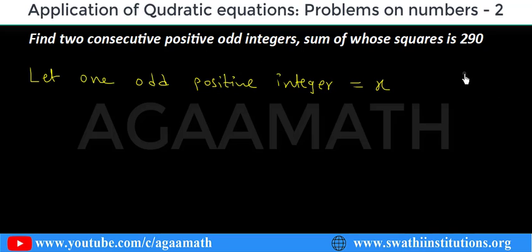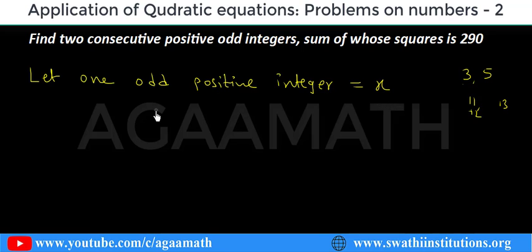We know the odd numbers, like if I take 3, the next consecutive odd integer is 5. So if you add 2, you get 5. Or if I take any odd number like 11, if you add 2 you get the next odd integer, right? Whenever we add 2, we get the next odd integer, or even integer also, but here the question is about odd.